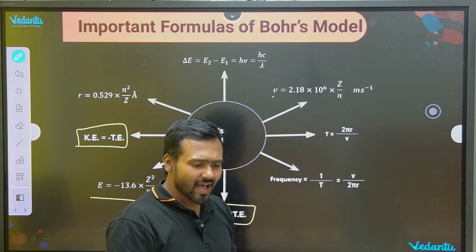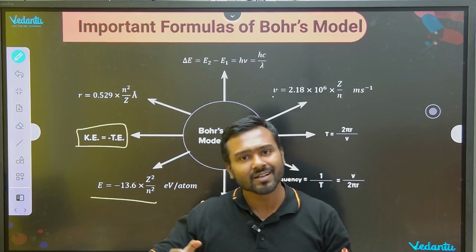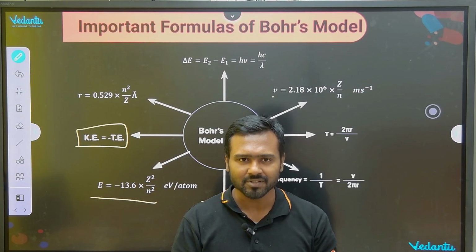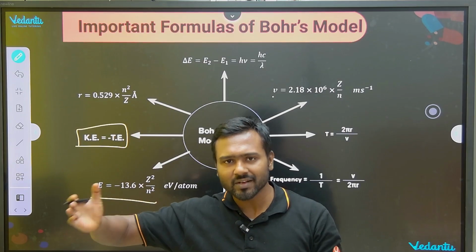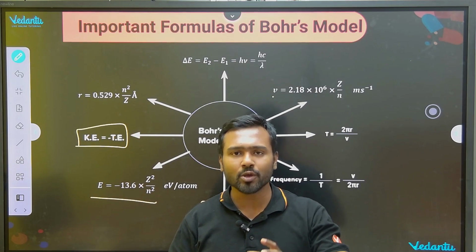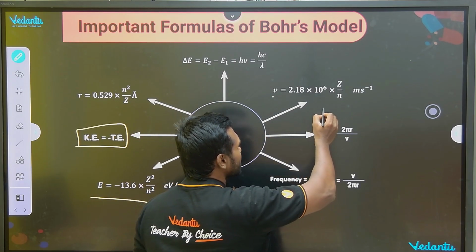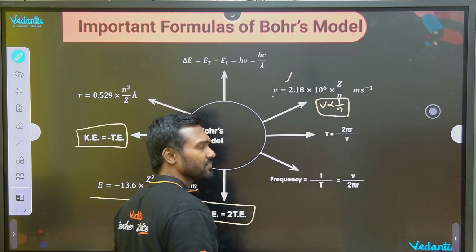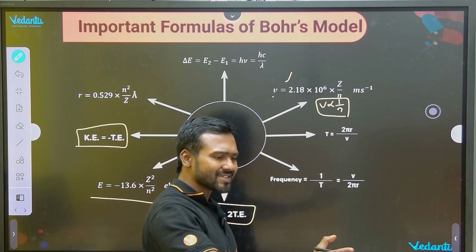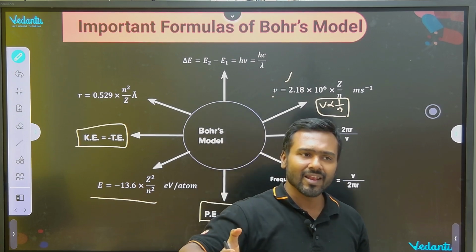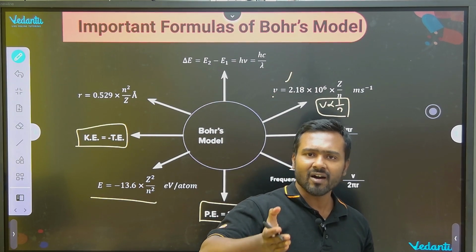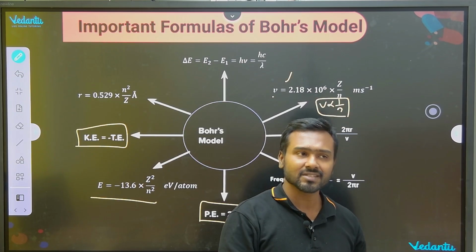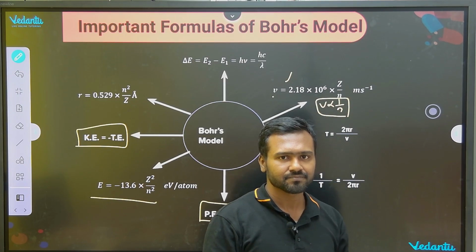That means as the orbit number increases, the velocity of the electron revolving in that orbit decreases. This is according to Bohr's concept.